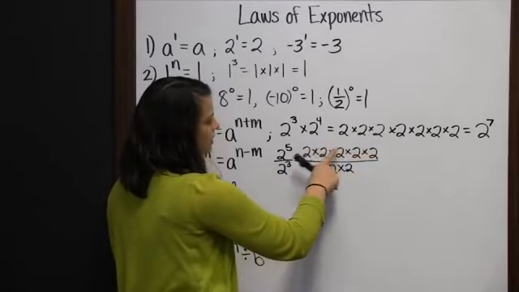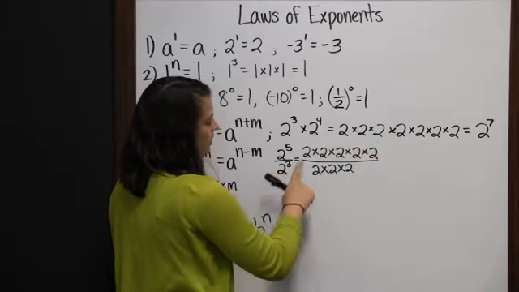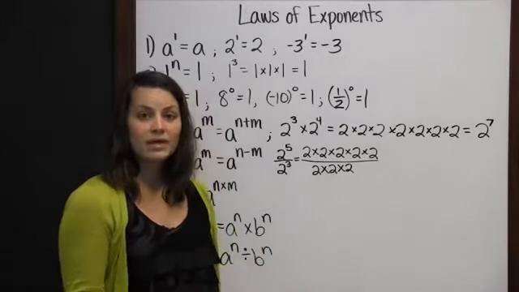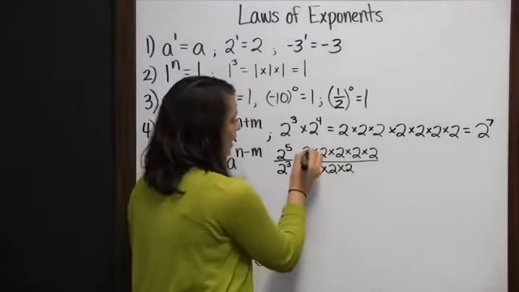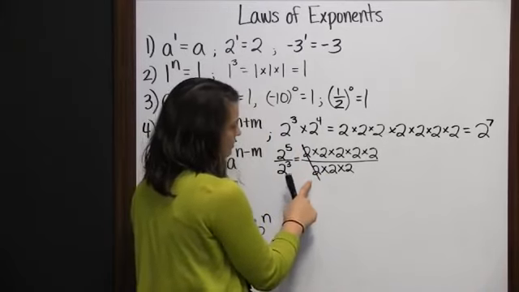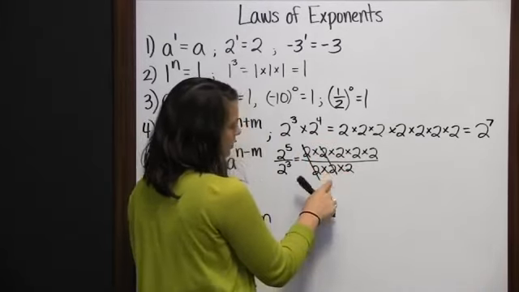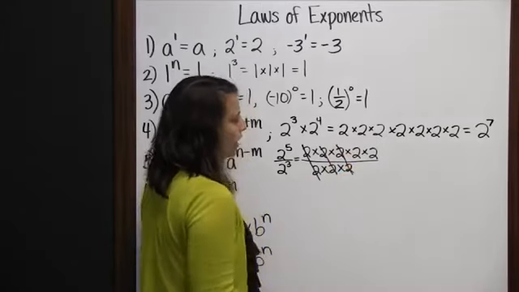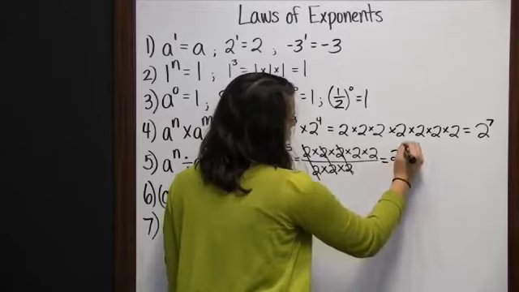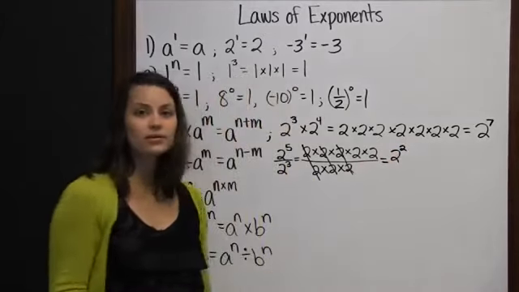So that's 2 to the 5th, 2 times itself 5 times, divided by 2 times itself 3 times. Well, we can simplify by canceling. 2 divided by 2 is 1, 2 divided by 2 is 1, and 2 divided by 2 is 1. So what we're left with then is simply 2 squared, or 4.